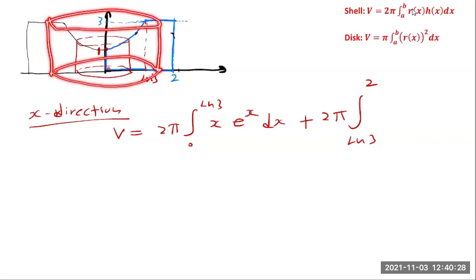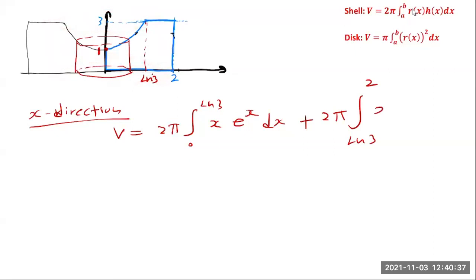Radius is again x, so R of x is x. What is the height? As long as you are on this region, the height is constant, which is 3. So you need to have 3 here, dx. That is the volume as a definite integral along the x direction.